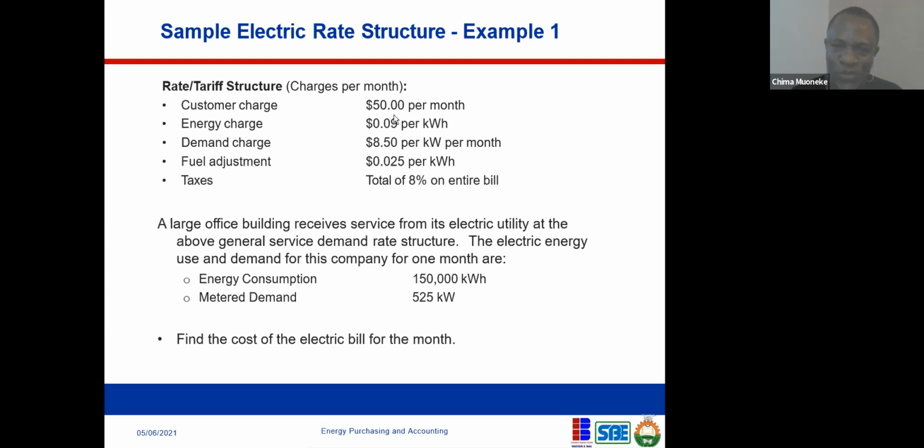So we're going to add these two together, 0.09 plus 0.025, because they're both energy charge per kilowatt hour. They are both energy charge, right? Now, this is fuel adjustment, but you have to add the two of them. So when you add this plus this, you multiply by 150,000, right? To get the energy charge plus the fuel adjustment.